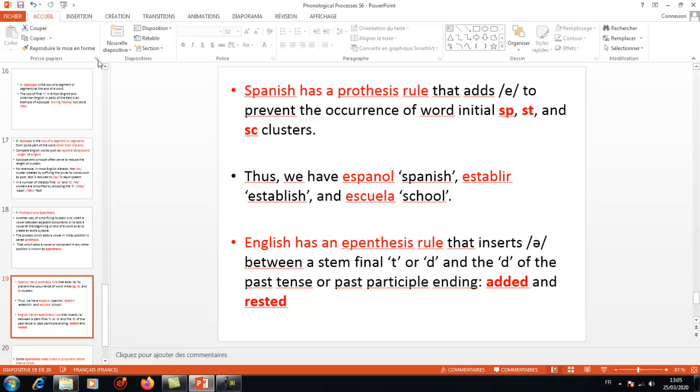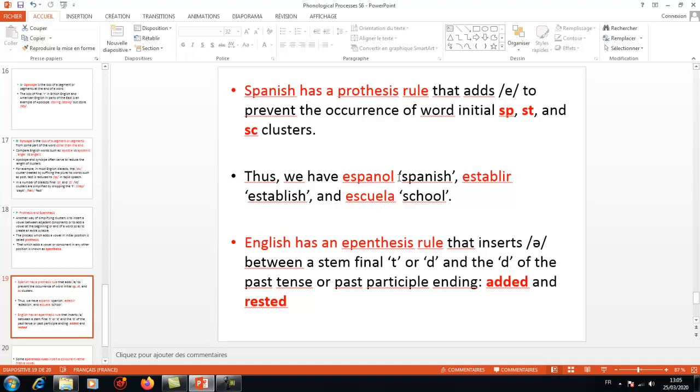Spanish has a prothesis rule that adds a vowel to prevent the occurrence of word-initial sp, st, and sk clusters. Thus, we have, for example, español. Look, in English, we say Spanish. It's easy to begin words with s. In Spanish, speakers don't begin words with s.